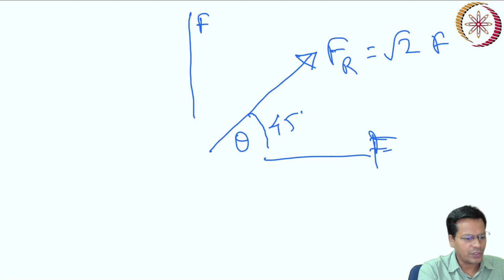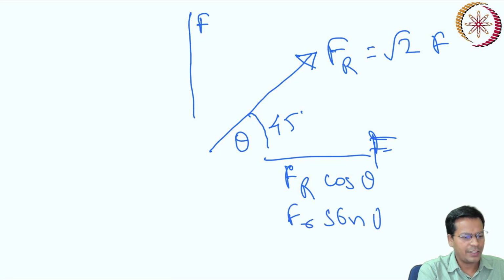So it is FR cos theta and FR sin theta. FR is the full resultant that you can get, that is √2 times F. So F varies.